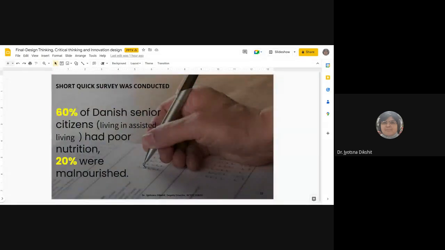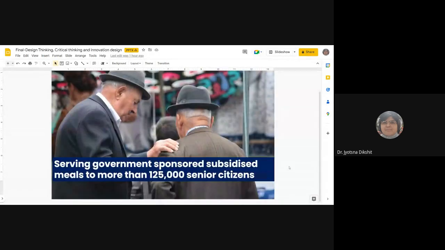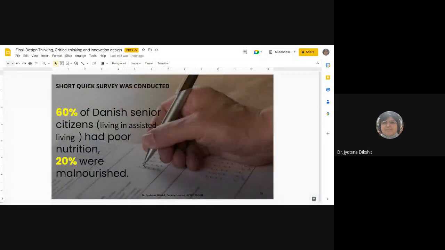But what happened is that after a few years, they took a survey and they found out that 60% of the senior citizens, who lived in a kind of assisted living, had poor nutrition, and 20% were malnourished. Now, since they had very poor nutritional conditions, it was getting difficult for the adults to take care of themselves, and they were not able to perform their daily activities and tasks, which directly meant that the adults were living a very deteriorated quality of life.